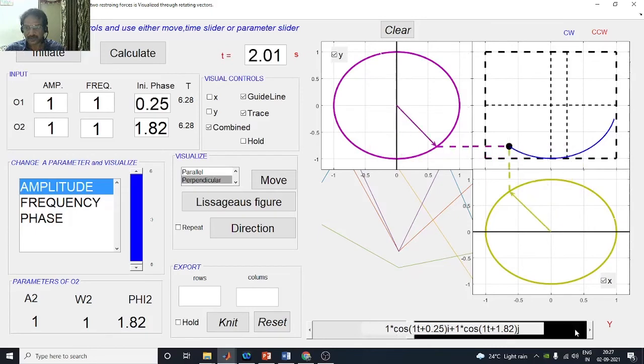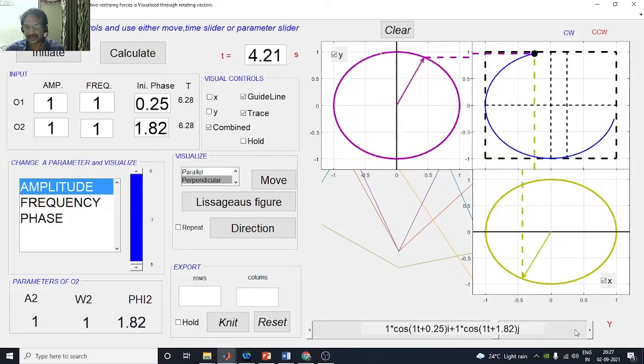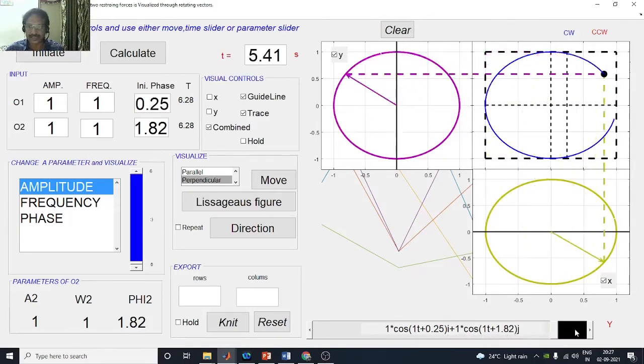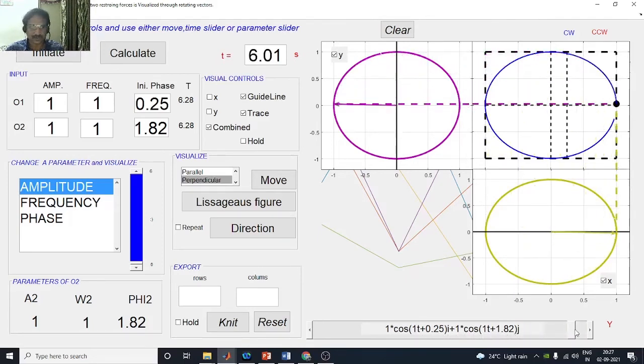So when pi by 2, the oscillation would be clockwise and it would be a circle, because the amplitudes are same. So for circle, the amplitudes should be same and the phase difference should be pi by 2. Then the motion would be clockwise.